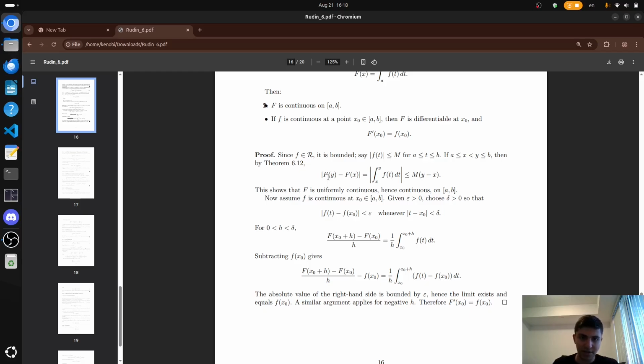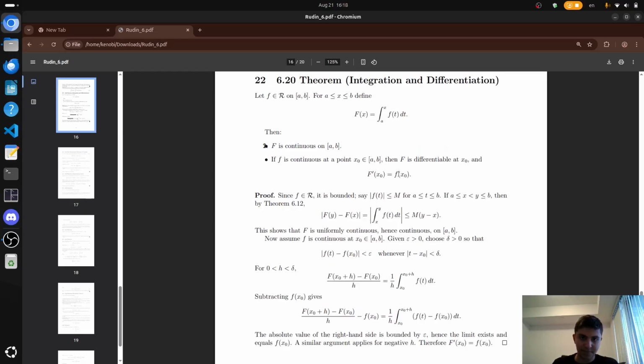This is because both of these have starting points at a. This F(y) and F(x), they have starting points at a. This finishes at y and this finishes at x. So the common part starting from a will cancel out, and you're just left with the endpoints being x to y. That's why you have the integral from x to y over here.